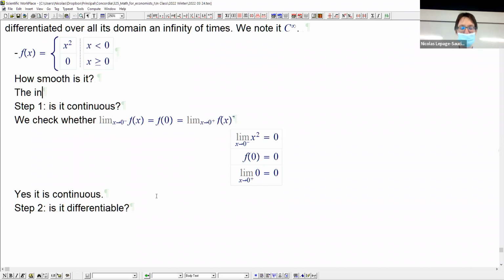So the interesting value to check is x equals 0, because otherwise it's pretty easy to see. Okay.